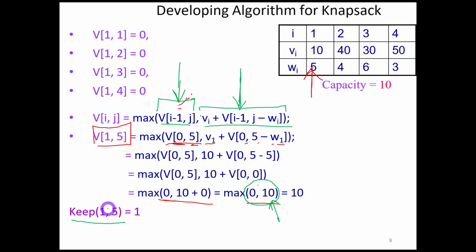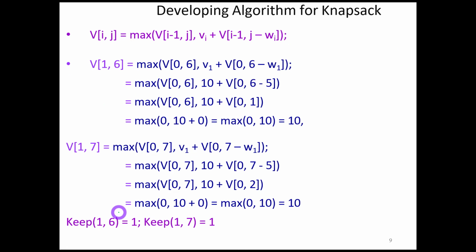Okay, so let's do it for 1, 6. So v of 1, 6, put all the values. I is 1, so this value will be 0, and j is obviously 6. So 0, 6, v of 1, 0, and 6 minus v1. v1 is 5. It will be 5 for all the v for the first item, right?